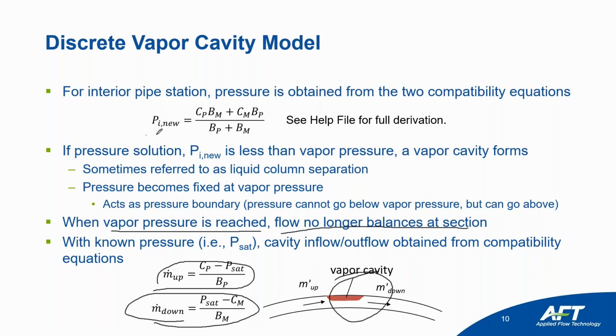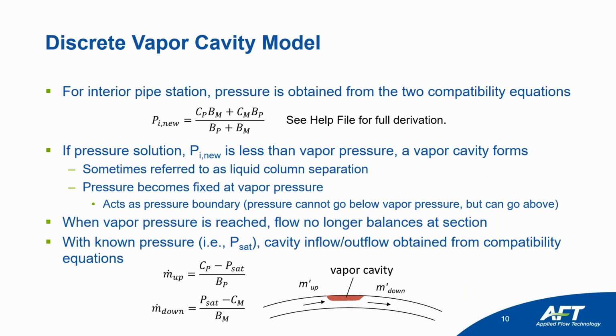If you want to see how this equation is derived, you can consult the help file, and that'll go through the whole method of characteristics for you. But the key thing is, when you're using the discrete vapor cavity model, once you start cavitating, your pressure is fixed at vapor pressure, and your flow will not balance across that vapor cavity.